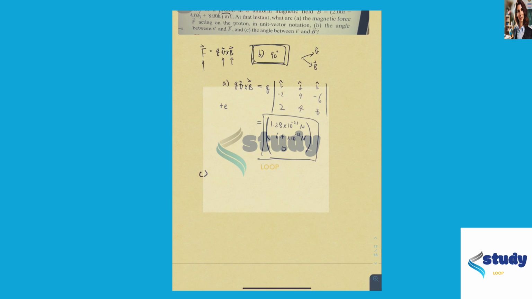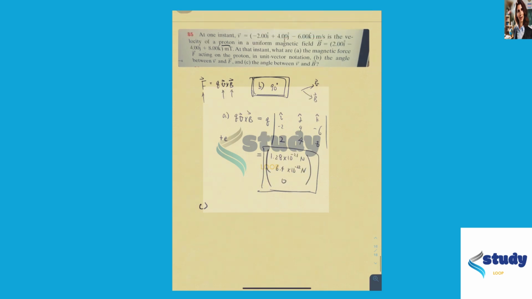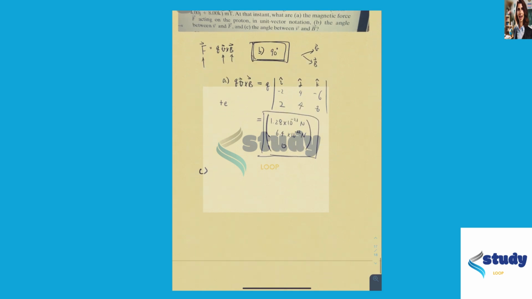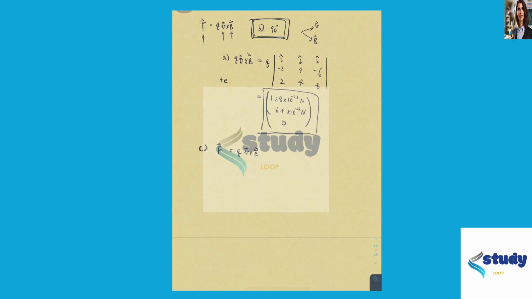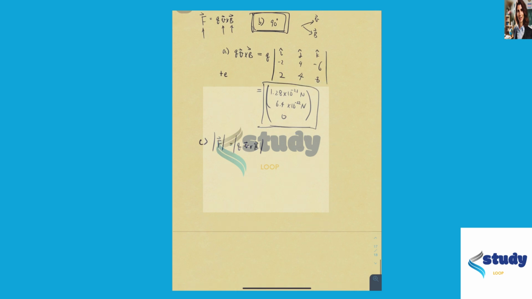What is the angle between V and B? We're given the velocity vector and the B field vector, and all we're doing is determining the angle between V and B. There are many ways to do it, and one of them is by recalling that F = qV × B. That means the magnitude of the left side equals the magnitude of the right side.